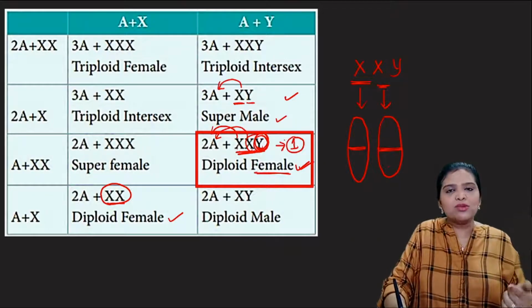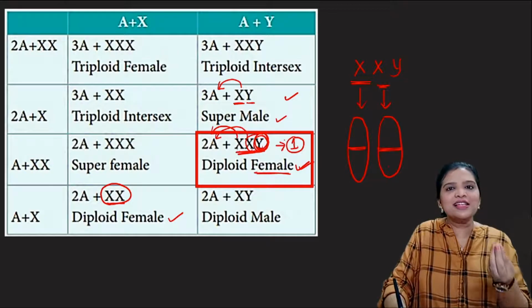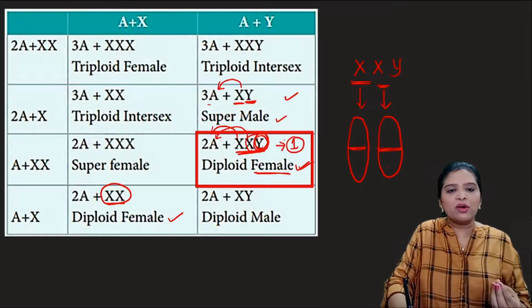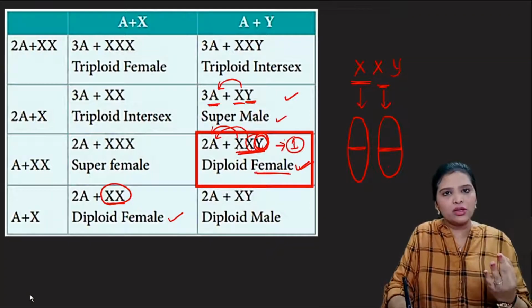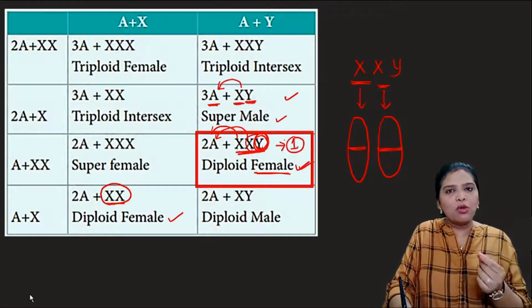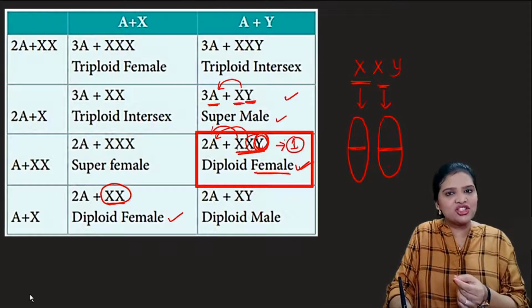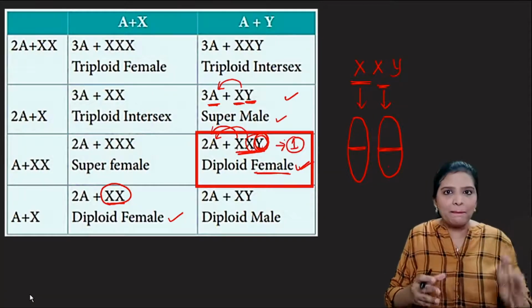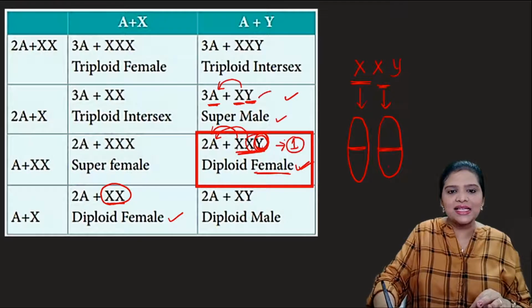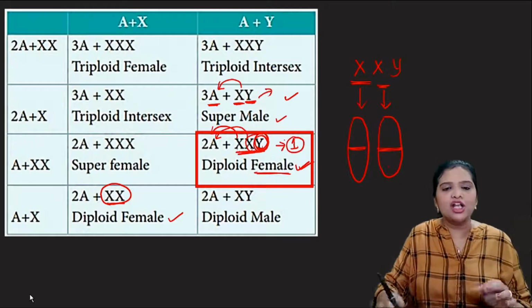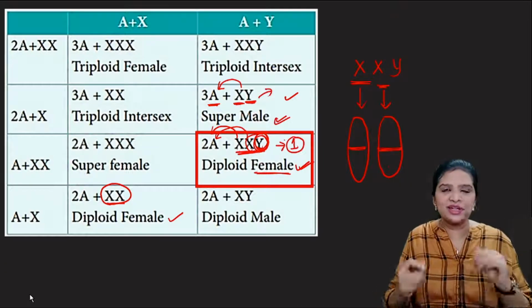Since the X chromosome is only one, it produces only a little amount of that protein. It also has a Y chromosome and 3 sets of autosomes. So only this little amount of protein produced by the sex lethal gene is not enough to suppress the male character. As a result, the male character is expressed. That's why we call this a super male.